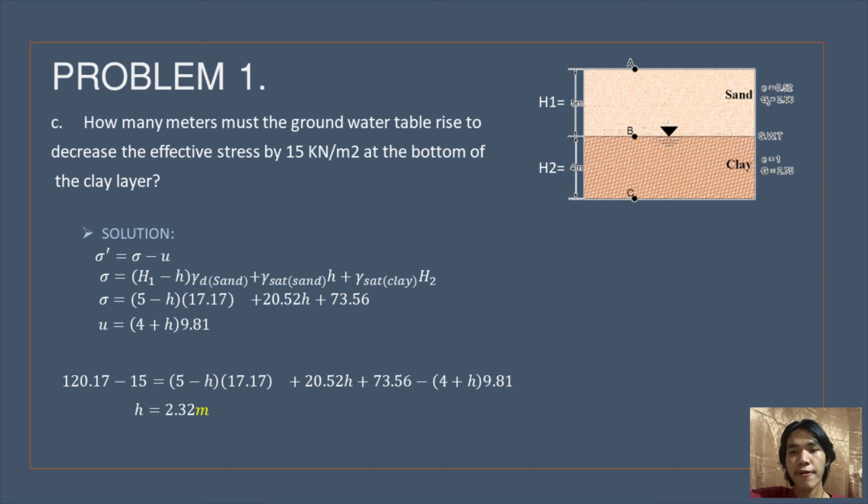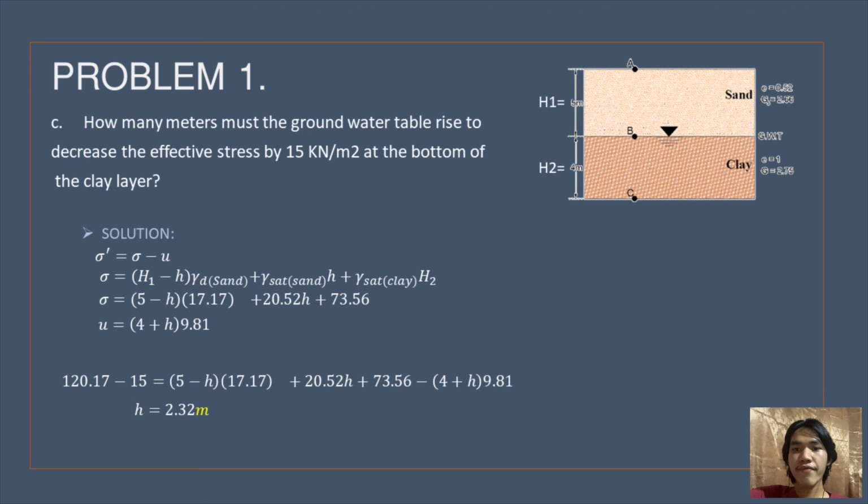The total stress is equal to the height of the sand layer minus the unknown height times the dry unit weight of sand, plus the saturated unit weight of sand multiplied by the unknown height, plus the unit weight of the saturated clay times the second height, which is 4.